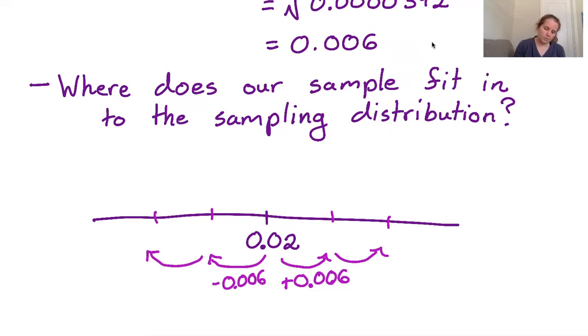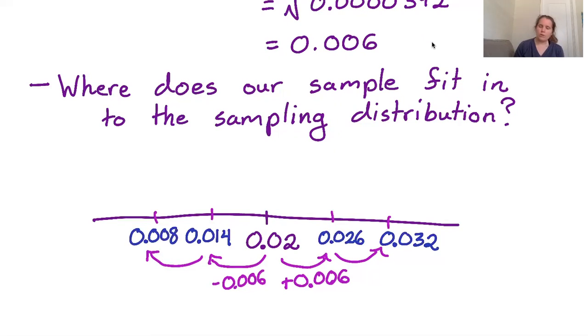So that becomes 0.026 for the first hop, and then after the second hop, we would be at 0.032. Going backwards, we would be at 0.014 and then 0.008. So again, we're going just two hops for our surprising.